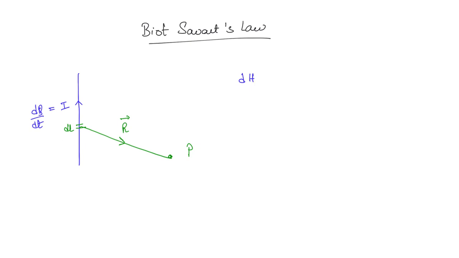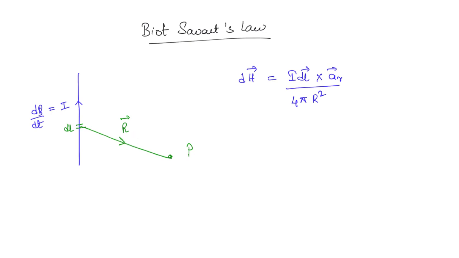So dH is equal to, it is a vector, I dl bar cross AR bar. AR bar is nothing but a unit vector in this direction. I dl bar cross AR bar divided by 4 pi r square, or you can write AR bar as r bar by mod r.